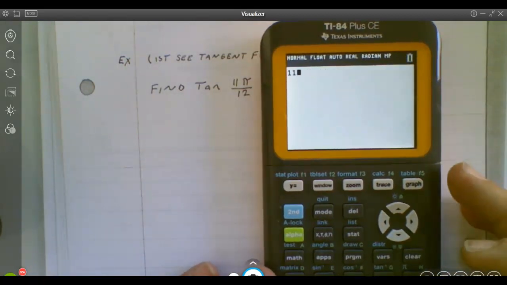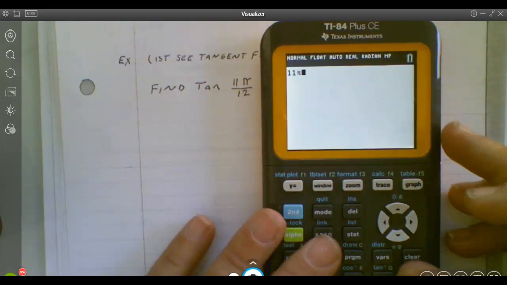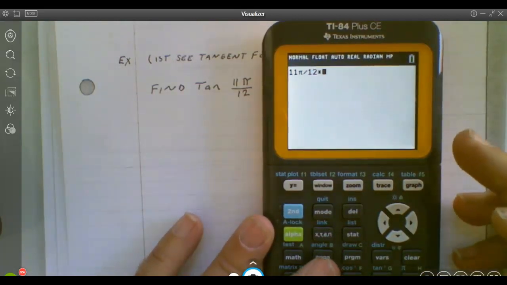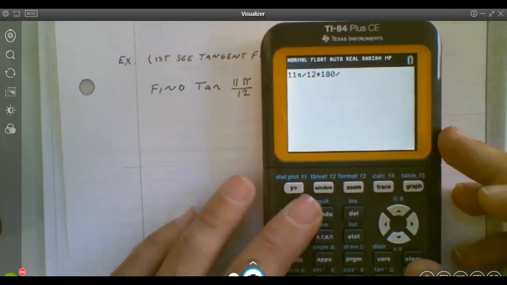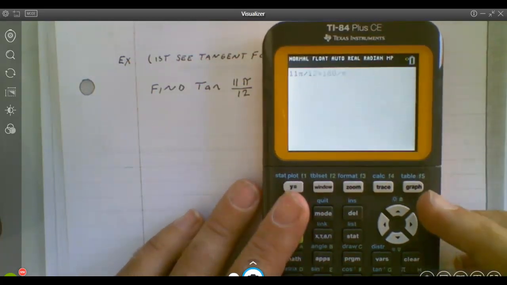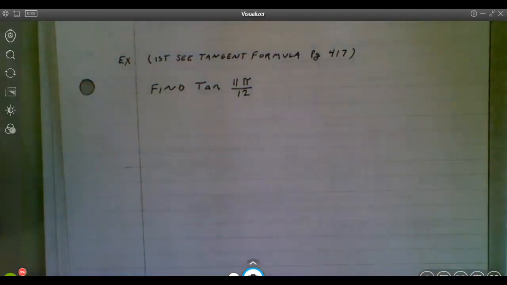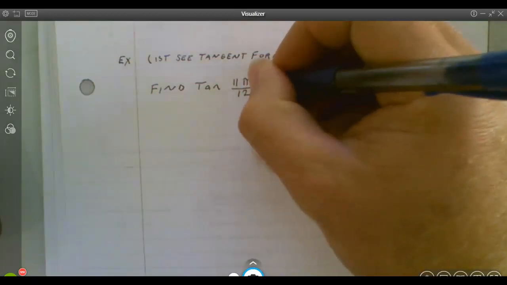It's definitely going to be easier if we convert this to degrees. So I'm going to multiply it by 180 over pi. So we're going to see this as 165 degrees. Definitely easier when it comes to looking for two things that would add or subtract to make that value.